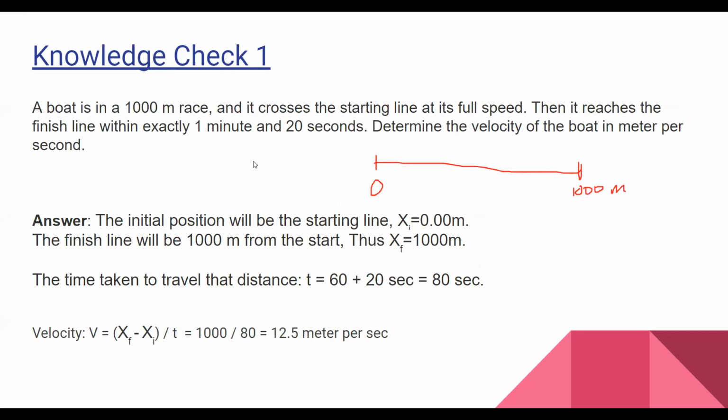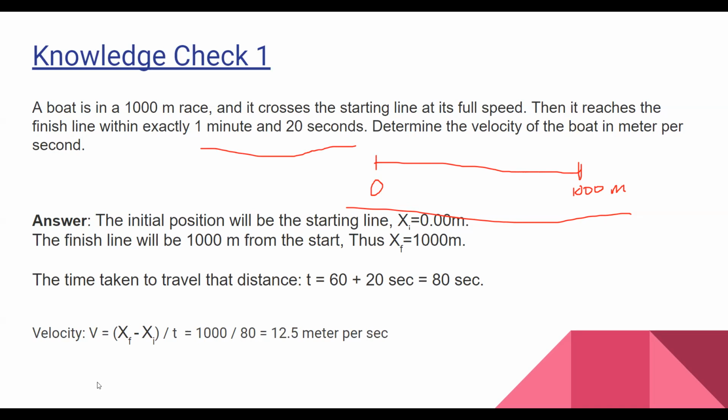The total distance traveled is 1,000 meters, and the total time to complete this is 1 minute and 20 seconds. But for the sake of simplicity, we will say that in seconds. 1 minute is 60 seconds, so 1 minute and 20 seconds is 80 seconds.